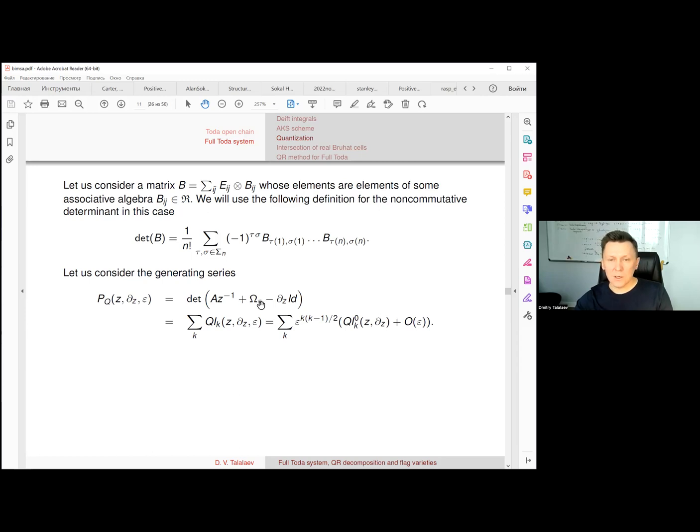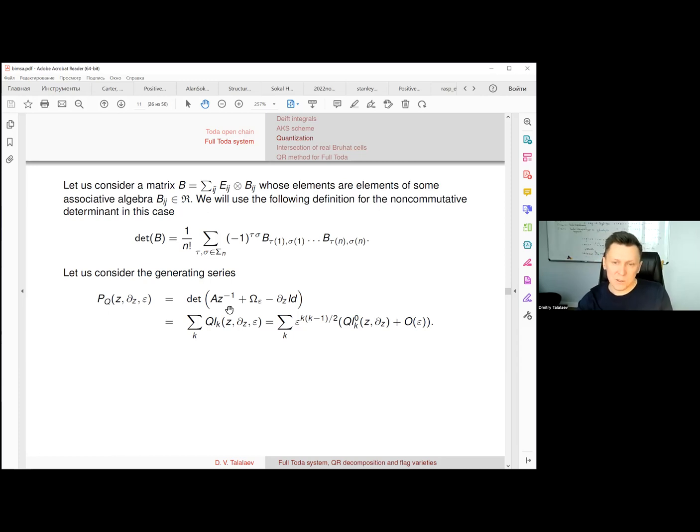There is a matrix representing a magnetic term of the model, and in place of the spectral parameter lambda, I take the partial derivative over the parameter z. And the matrix A is now a matrix with elements not in the Lie algebra but in its universal enveloping algebra.